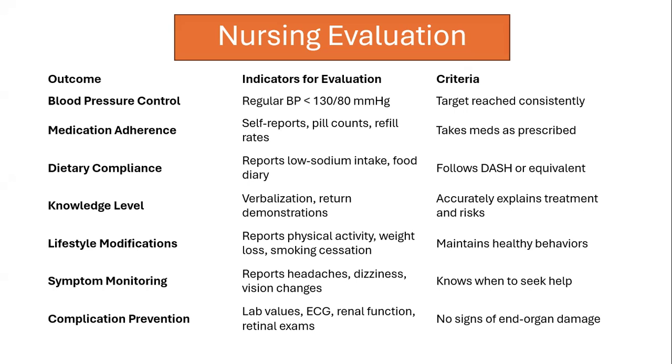For lifestyle modification, they report their physical activity, weight loss, and also smoking cessation, with the criteria that they maintain healthy behavior. For symptom monitoring, they can report if they have headache, dizziness, or vision changes, and most important, know when to seek help.